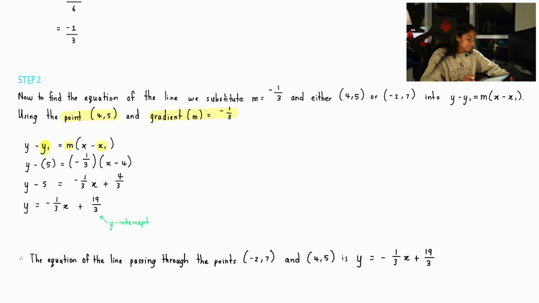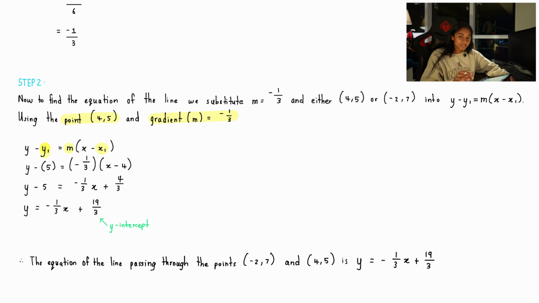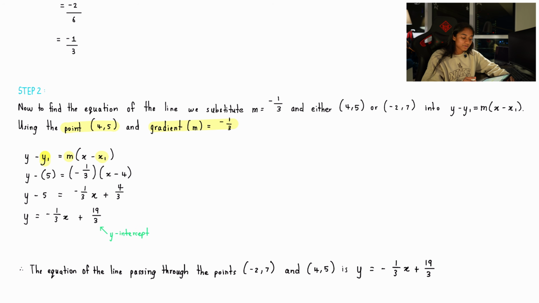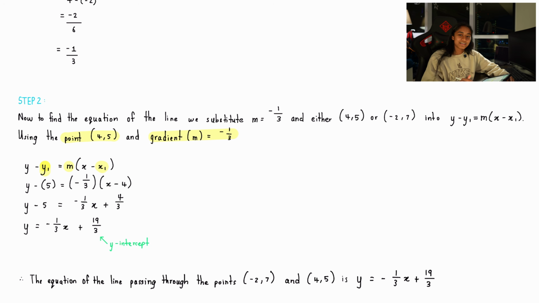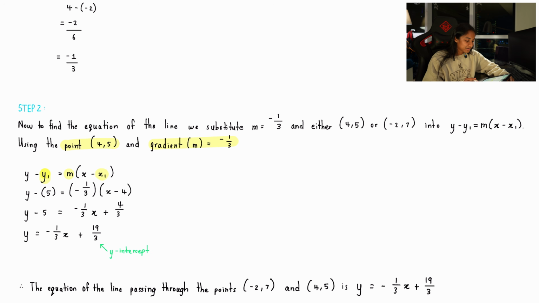Step 2 now, to find the actual equation of the line, we substitute the gradient that we found, which is -1 over 3, and either of the points. I always suggest choosing one that's easy in your head, and then that'll be fine. So in my case, I choose (4, 5), obviously, because it was positive.